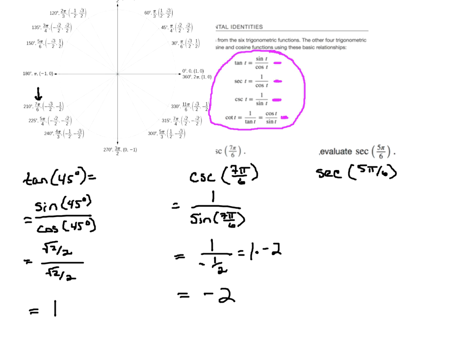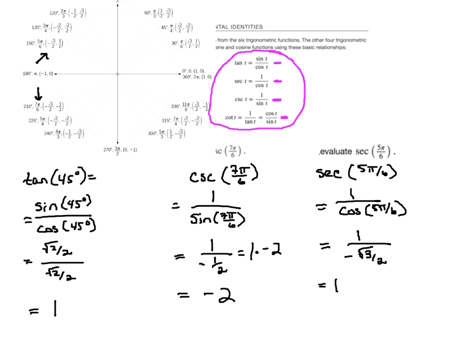Okay? And the secant of 5 pi over 6, well, the secant is the same thing as the reciprocal of cosine, 5 pi over 6. 5 pi over 6 is right here. And the cosine is our x value.